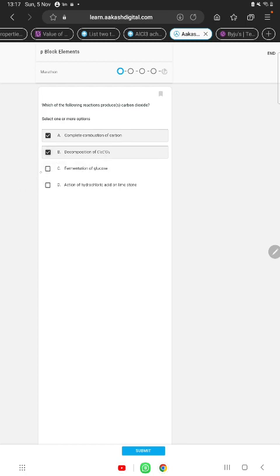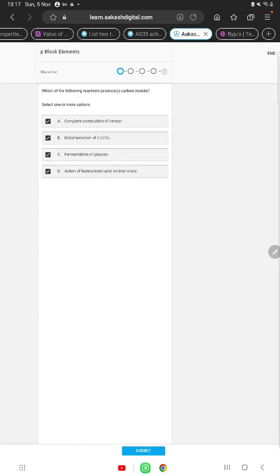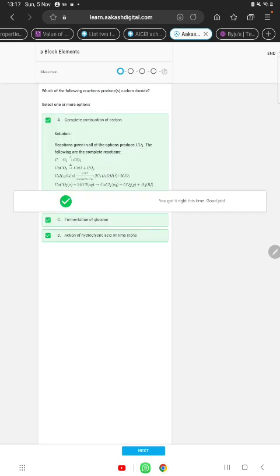Fermentation of glucose. Action of hydrochloric acid on limestone: CaCl2, limestone, CaCO3. That is correct.